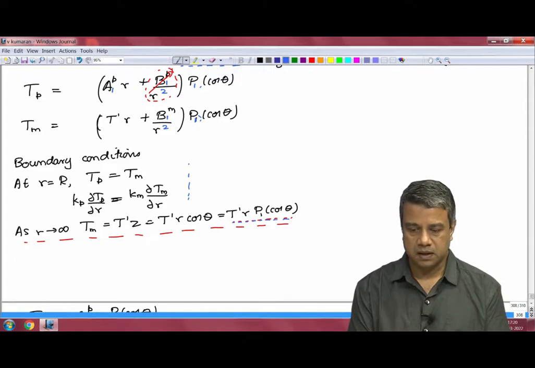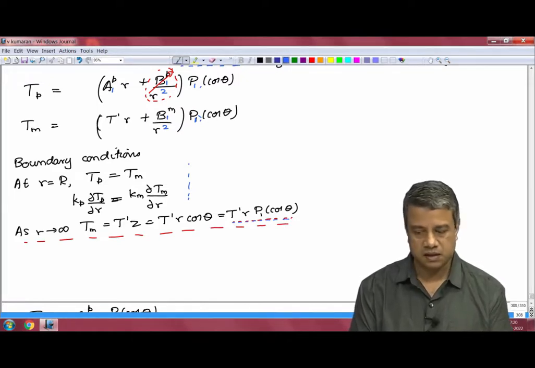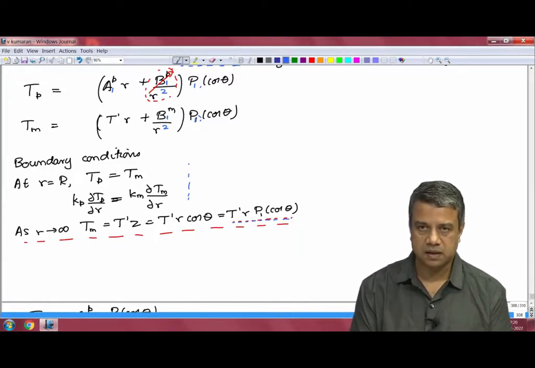In that case, the particle temperature is A1 times r plus B1 by r squared, times P1 of cos theta, n equal to 1. Similarly, for the matrix, B1 in the particle has to be 0, so that the temperature is finite at the origin at r equal to 0.